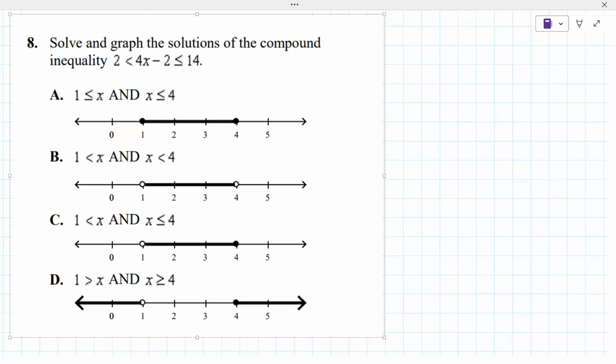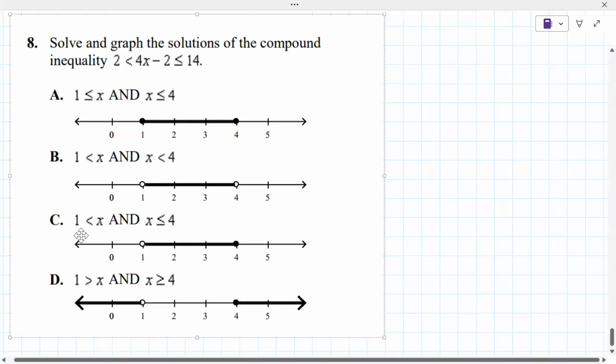C. Checking here. Yeah, that is correct. A lot of C's. Okay.